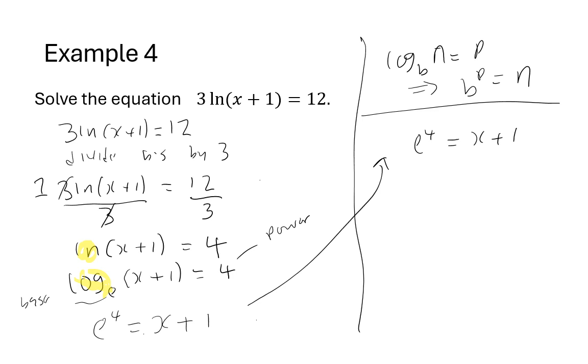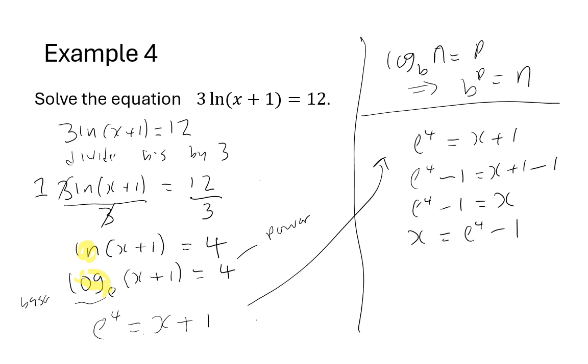And what we want to find is x. So we can just subtract 1 from both sides. So we have e^4 minus 1 is equal to x plus 1 minus 1, and 1 minus 1 is just 0. So we'll just have x here. This can be written as e^4 minus 1.